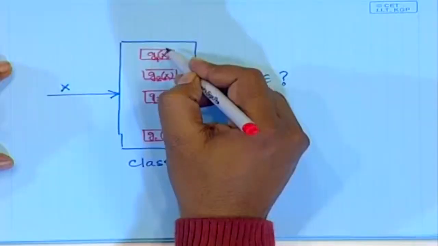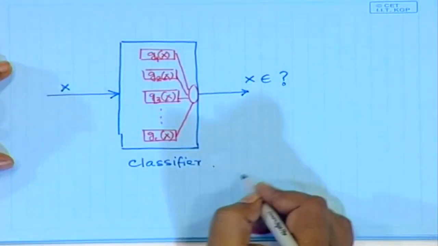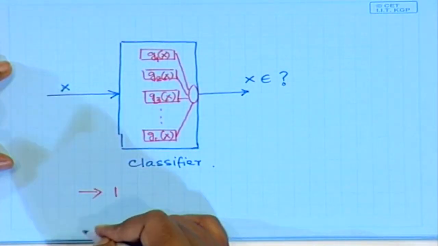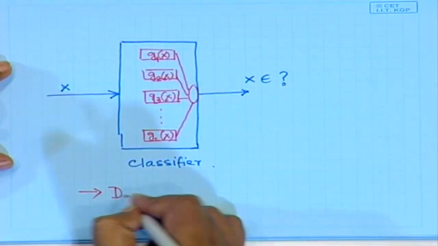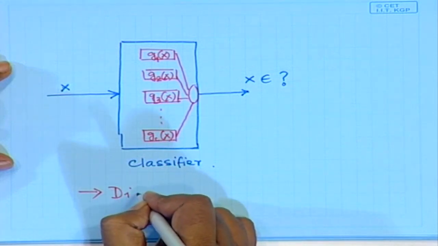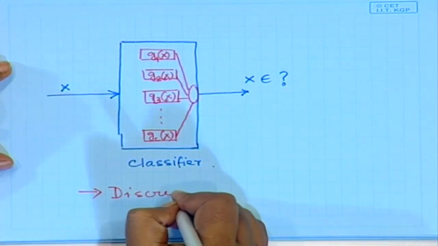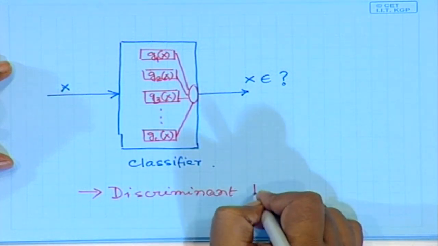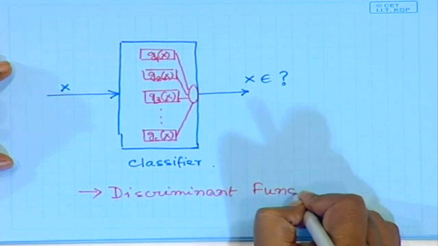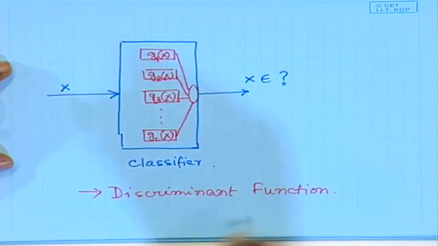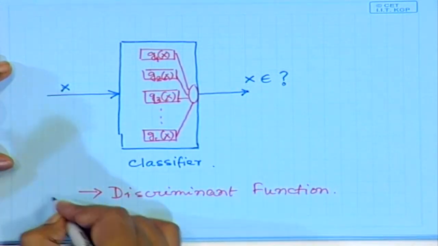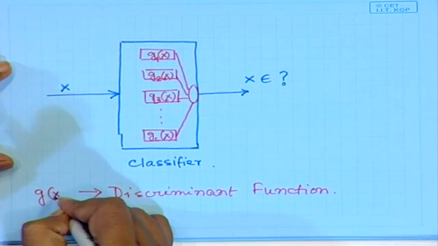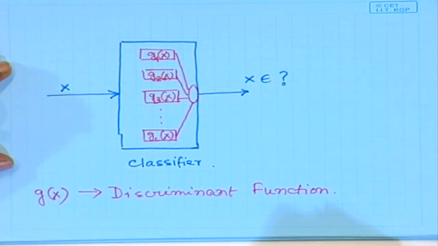Over there, these functions are what are called discriminant functions. So, this g of x is called a discriminant function.